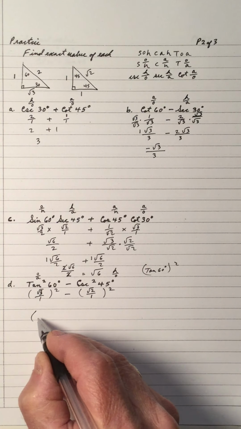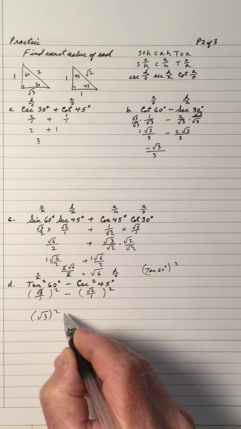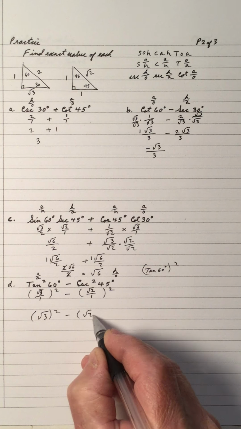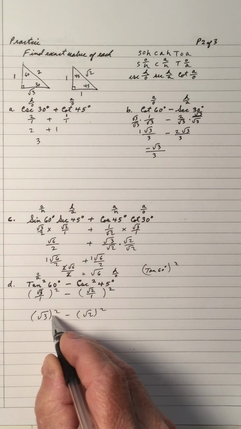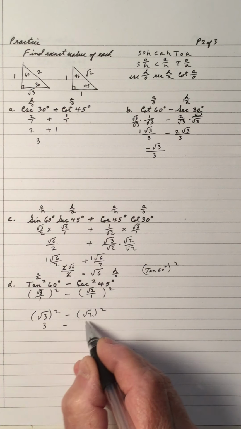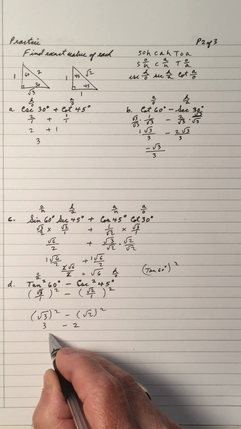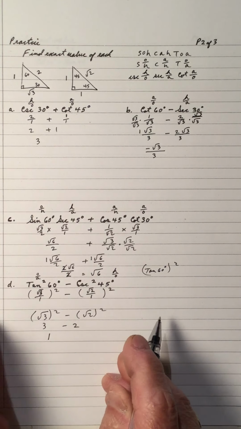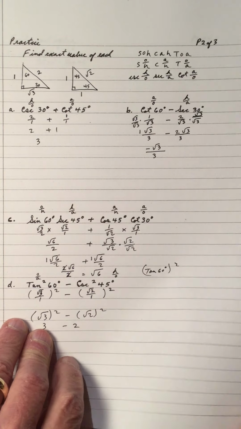So that gives me root 3 squared minus root 2 squared. Root 3 times root 3 is 3. Root 2 times root 2 is 2. 3 minus 2 is 1. And that one is simplified.